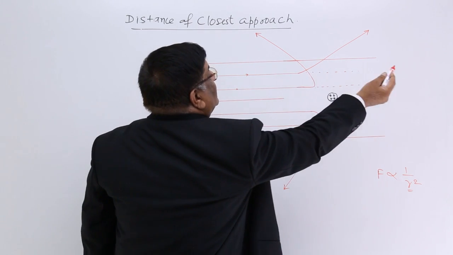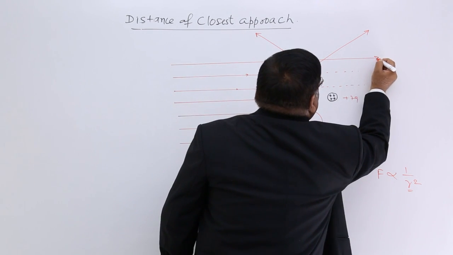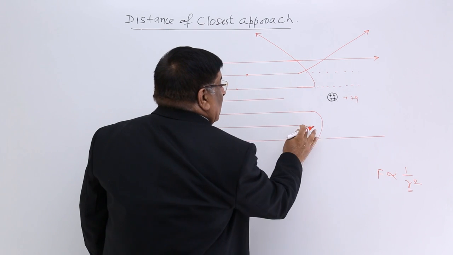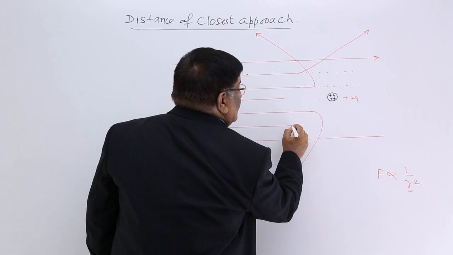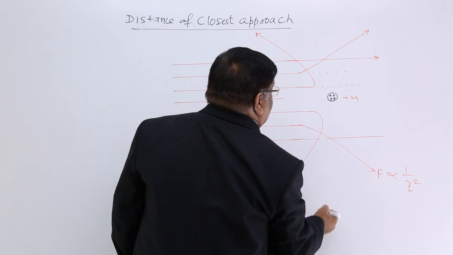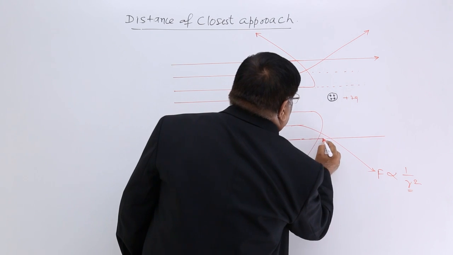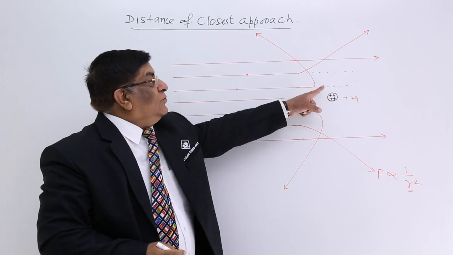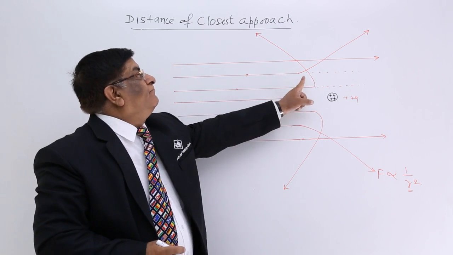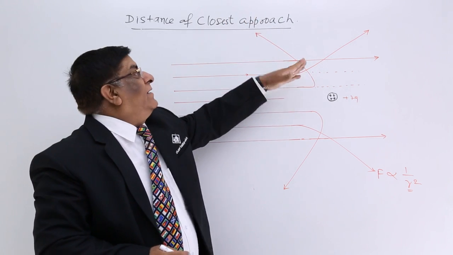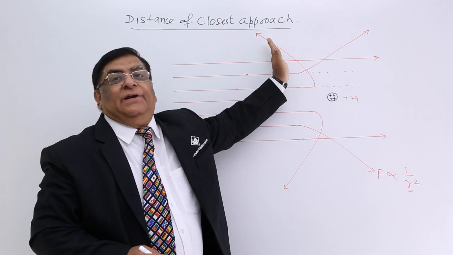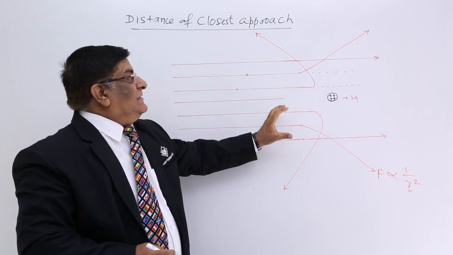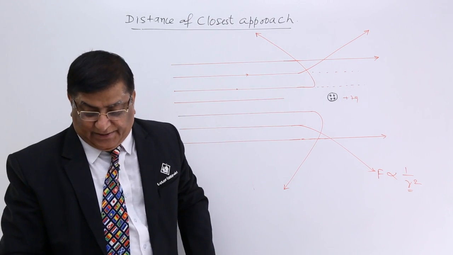This is far away, no force acts on it, so it goes straight. Similarly, this one goes in this direction, and this goes straight. You see, the closer it is, the more is the force and the more is the angle of deviation. This is what happens in it.